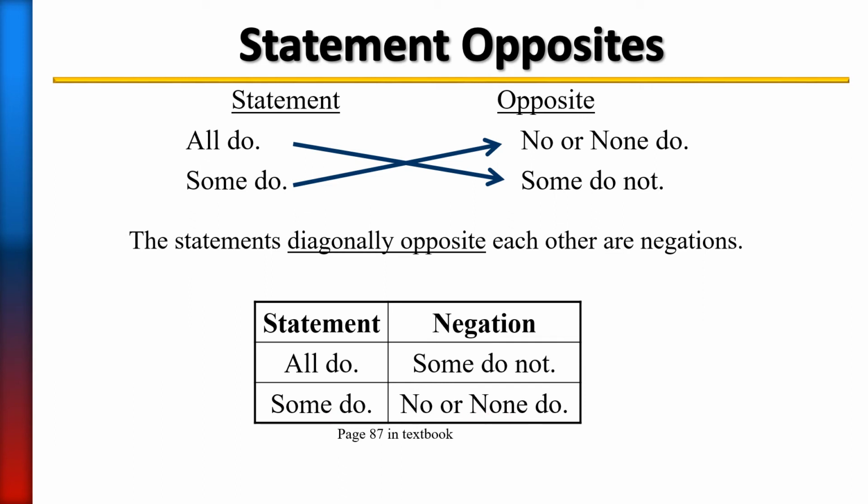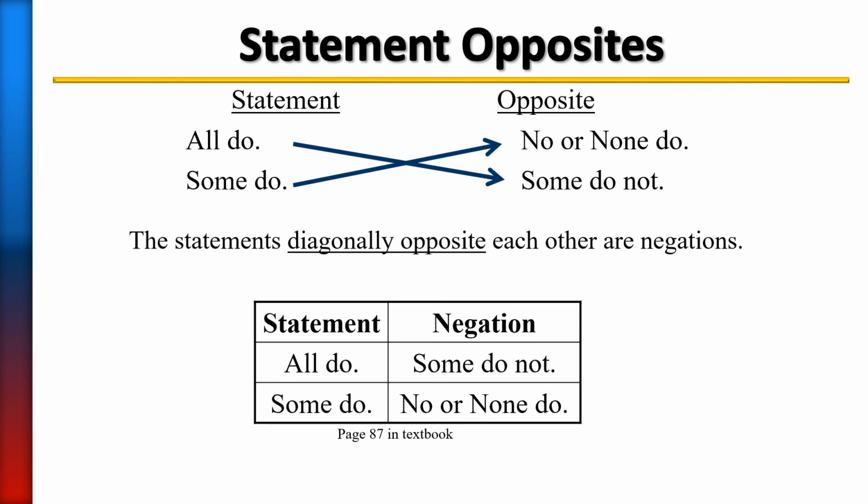It's the same as what I was showing you here: if you ever think of all, it's all or none. Some do, some don't, but then just crisscross it and you will have this chart. But whatever works best for you in terms of memorizing it so that you'll be able to negate any sentence given to you on the test, just use what works for you.